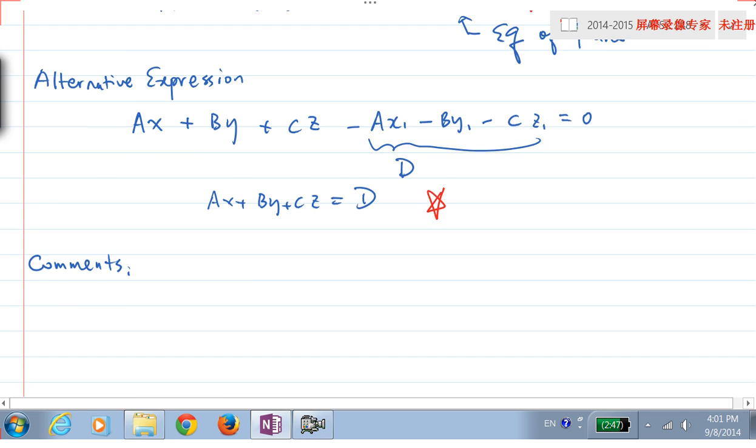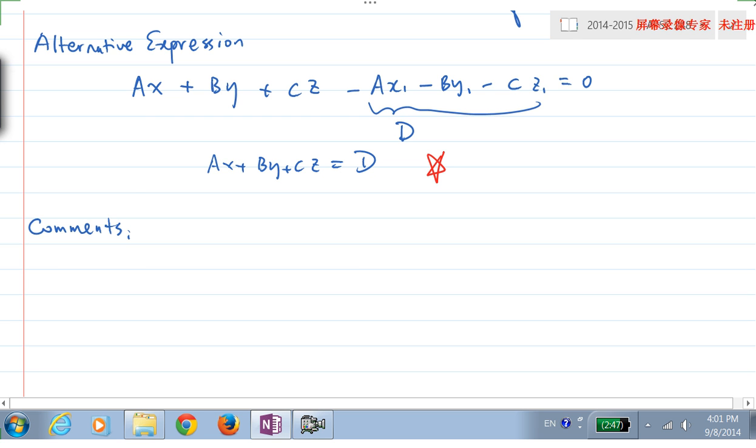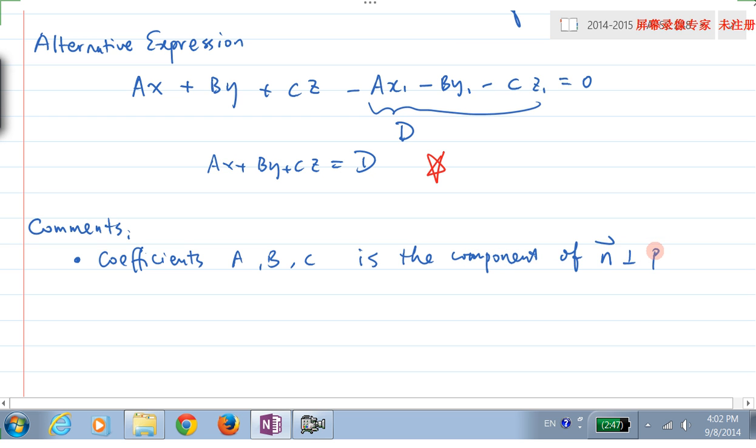So basically, the coefficients A, B, C. The idea is that if you are suddenly given a plane equation, maybe this one or the previous one, you can immediately see that the coefficients A, B, C are the components of n, perpendicular to the plane.